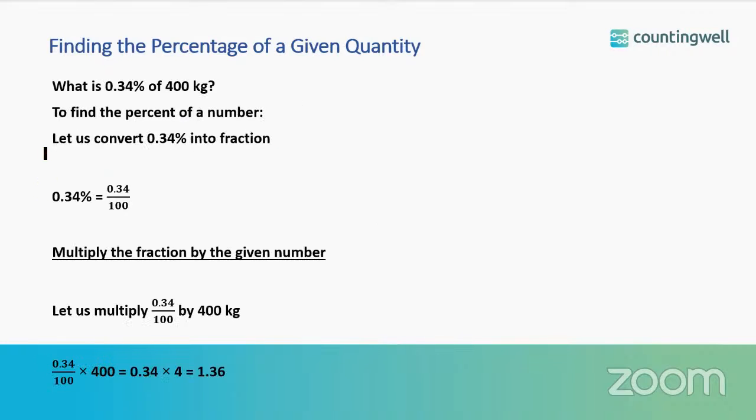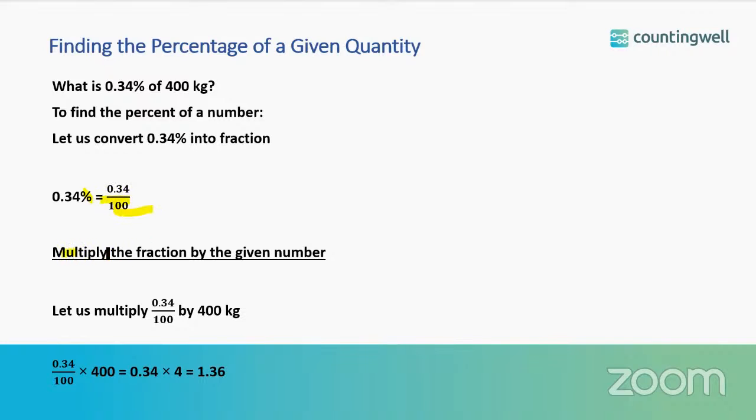Let us see one more example. What is 0.34 percent of 400 kg? So if it is 0.34 per 100, then what will it be for 400 kg? Let us convert 0.34% into a fraction. For that, you have to remove the percentage symbol and divide it by 100.